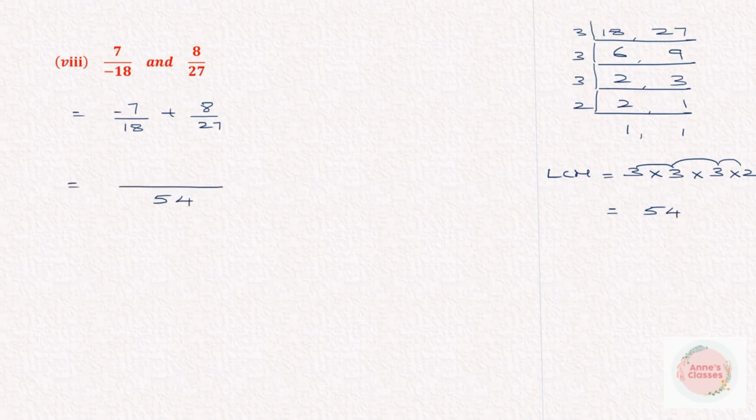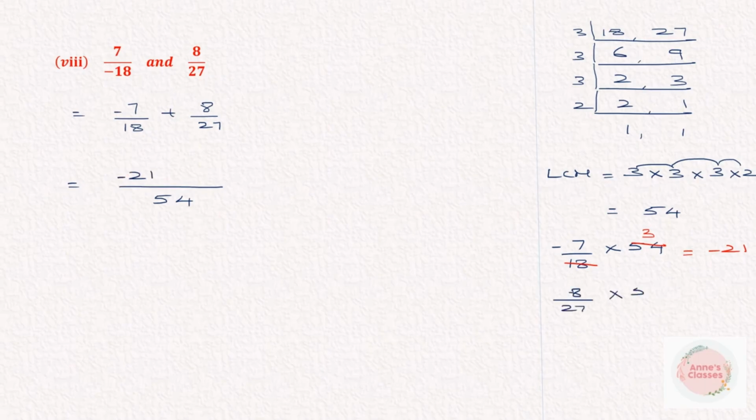Now let's take the first fraction, that is minus 7 by 18. Multiply this by the LCM which is 54. Now 18 into what is 54? 18 3s are 54. So when you multiply minus 7 into 3, we get minus 21. So let's write that here, minus 21. Take the second fraction which is 8 by 27.